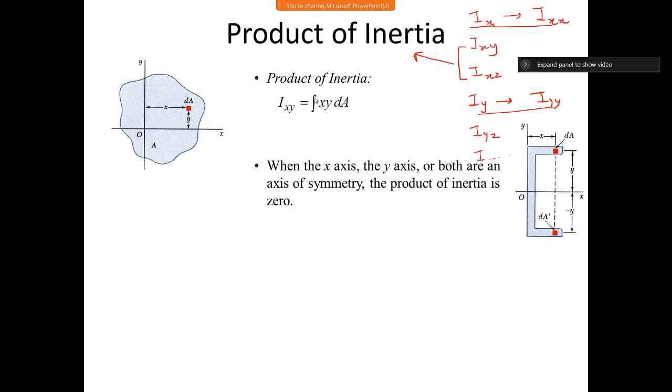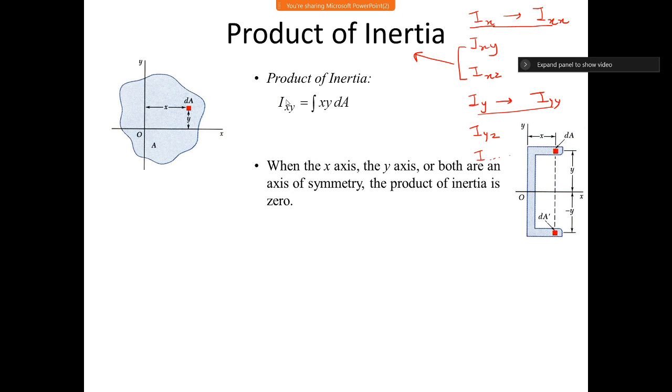Now if we have some symmetric objects, for example, if you see this kind of cross section, this is symmetric about the x-axis.